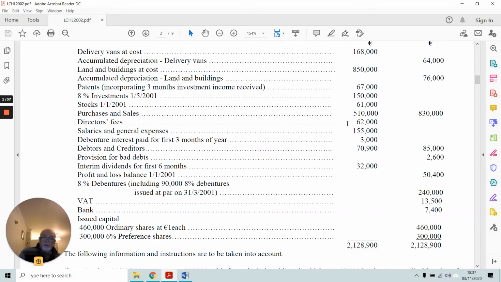Now, we'll notice here in the patents that it says the patents of 67,000 incorporates 3 months investment income received. So there's actually 3,000 worth of investment income inside that 67. Now, you might remember that investment income being income should be a credit entry. So what it means is that we received 3,000 euro in investment income.